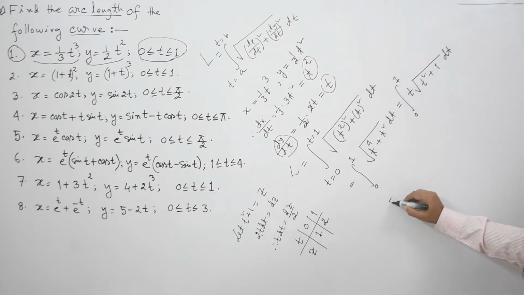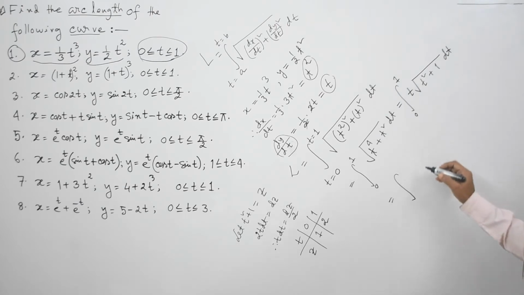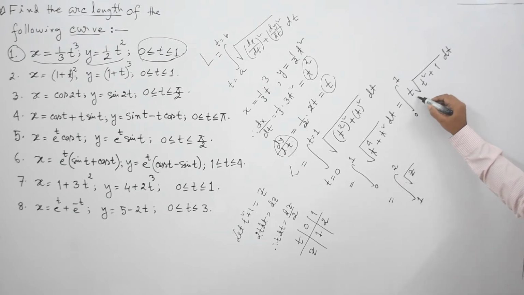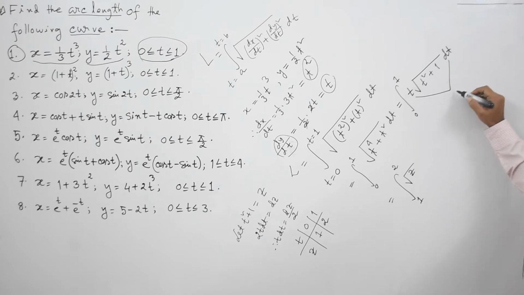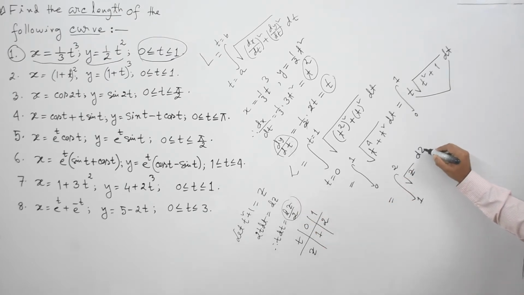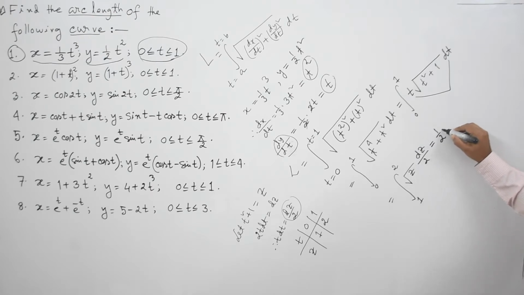So this integral becomes integral from 1 to 2 of root z, and t dt equal dz by 2. So I can write dz by 2 here, which is equal to half.